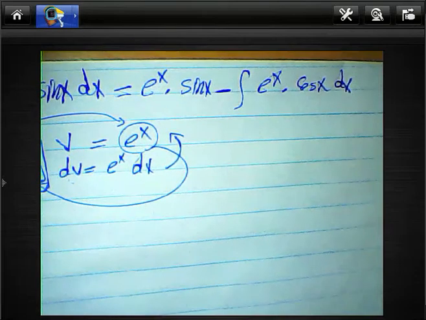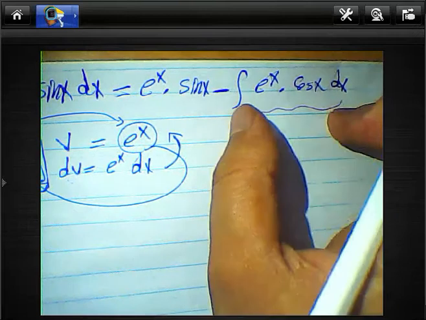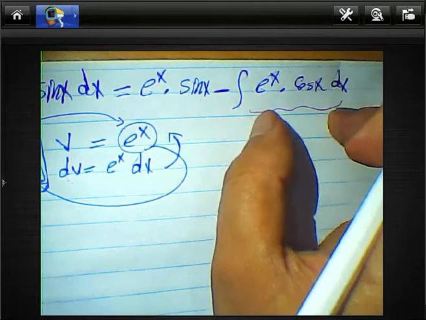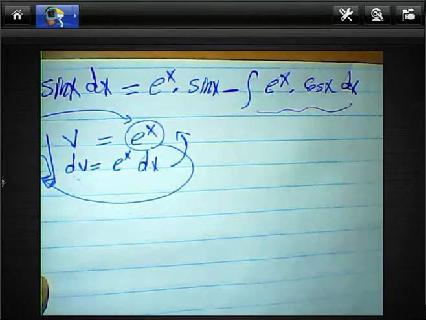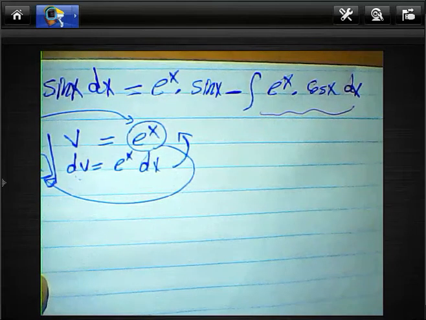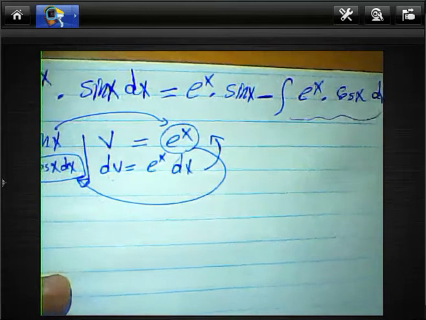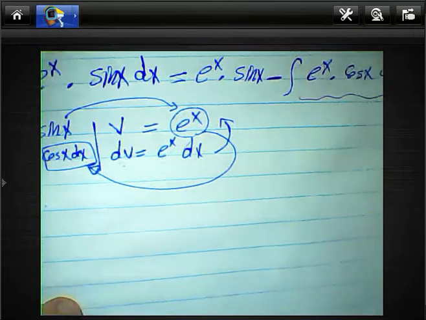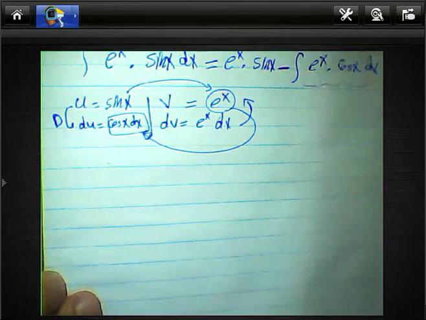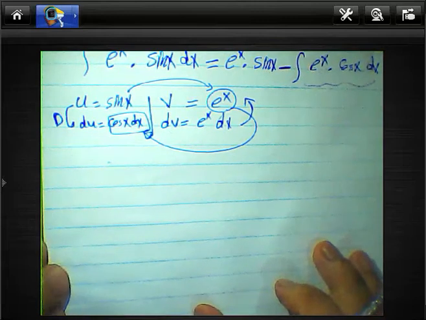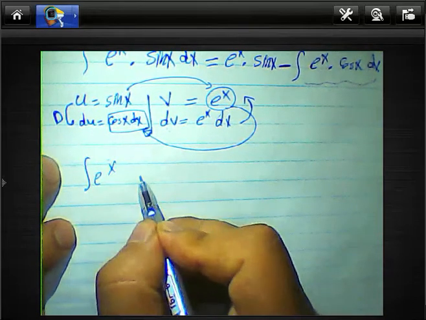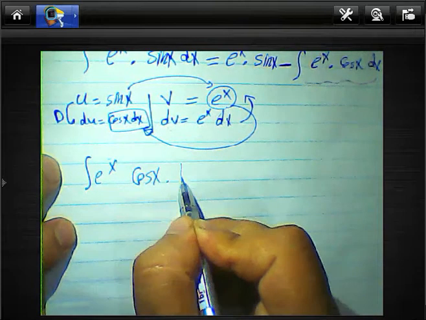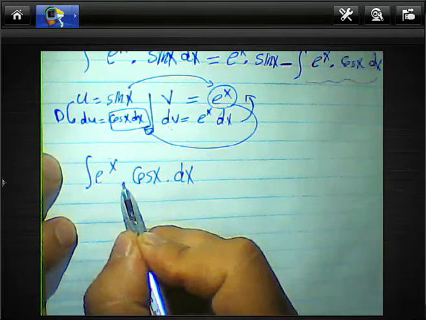We want to find the integration of this function. So we must find the integration of this expression. It's clear. Okay, I will find here the integration of e power x cosine x dx.